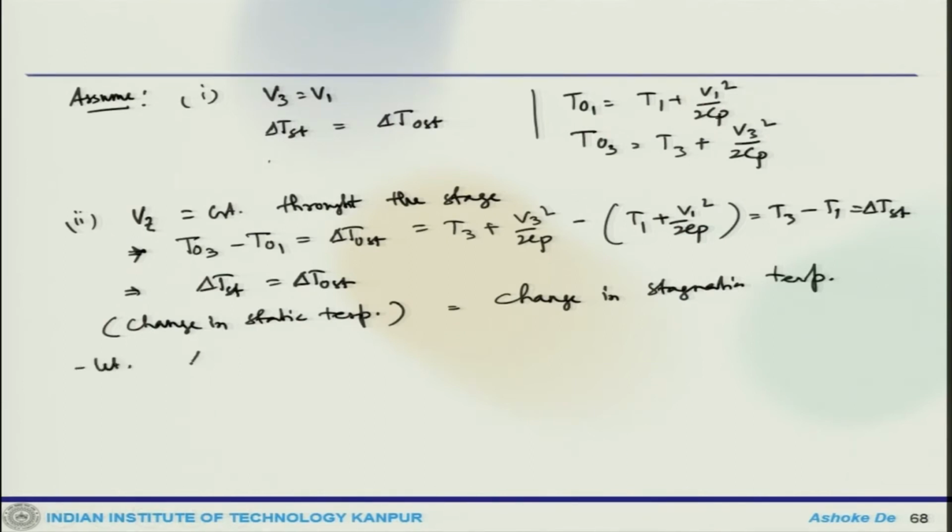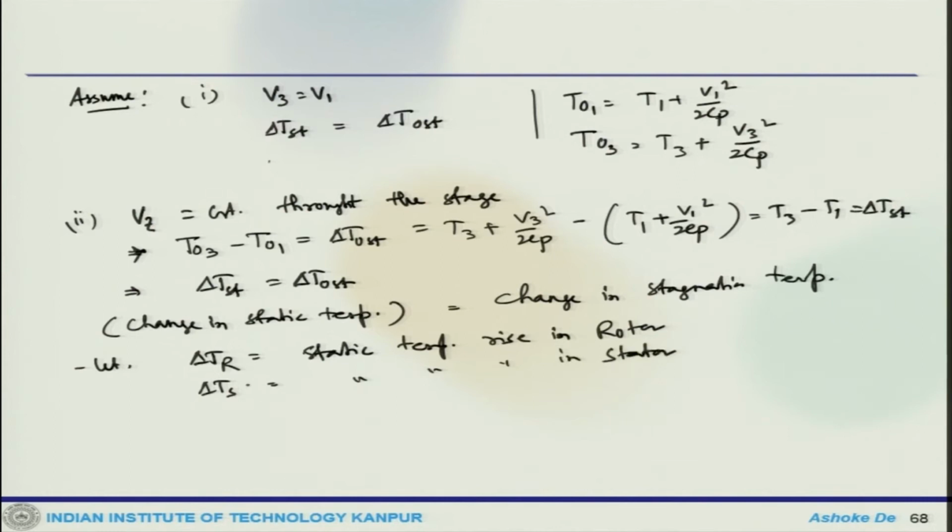Let delta T r be the static temperature rise in the rotor, and delta T s the static temperature rise in the stator. Be careful with the subscript, because when I use s, that is stator, but when I use st, that means the whole stage.